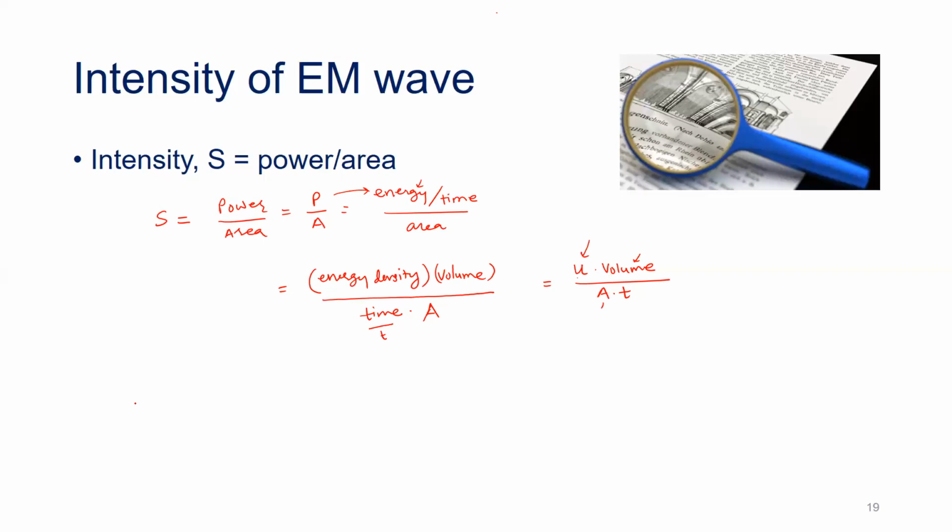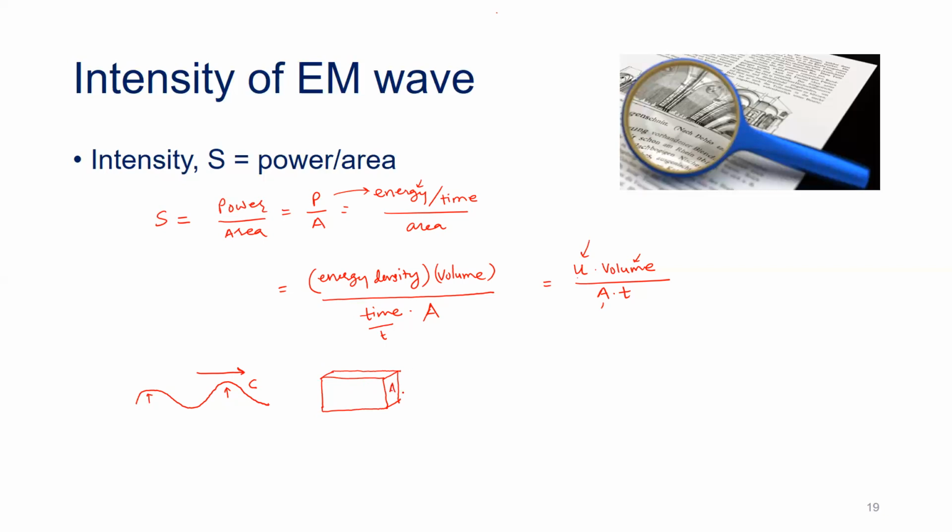Imagine you have this electromagnetic wave with a specific amplitude and specific wavelength, traveling through space with the speed of light c. This electromagnetic wave is coming over a piece of volume indicated by this figure. This is a cube.